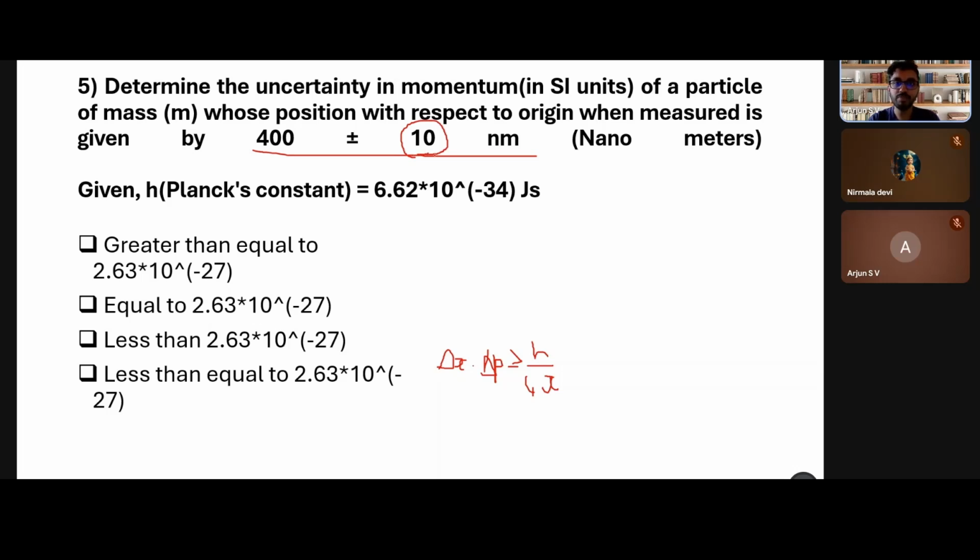So you have to plug this 10 nanometer in this delta x formula, and if you substitute here, dividing it by Planck's constant and multiplying it by 4 pi, you will get the uncertainty momentum, which will come around greater than or equal to 2.63 into 10 power minus 27. So the final answer will be greater than or equal to 2.63 into 10 to the power minus 27. The SI unit will be Newton meter.